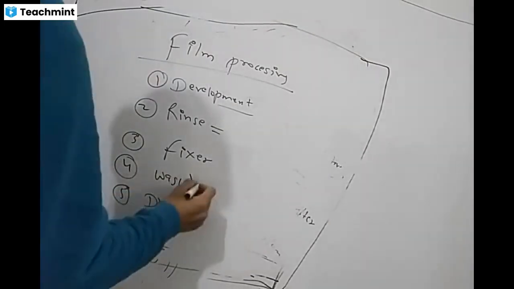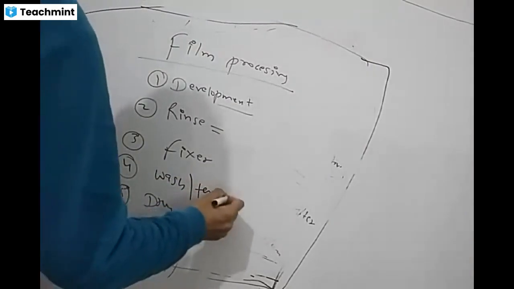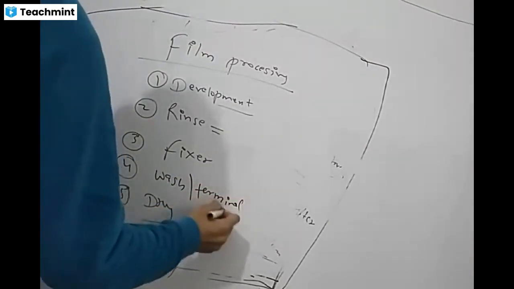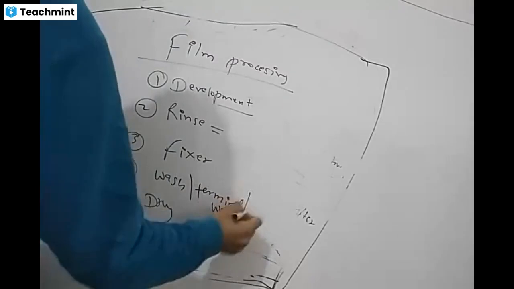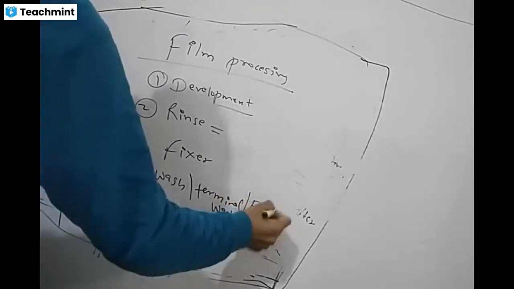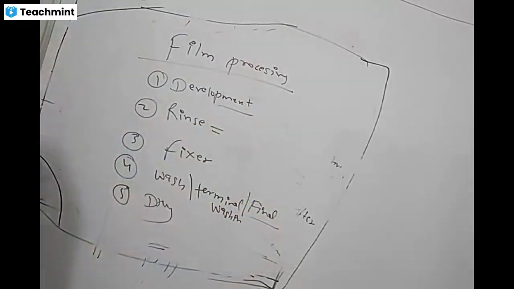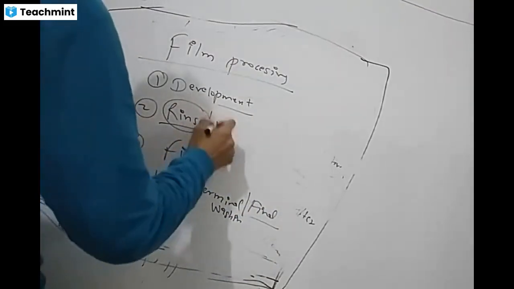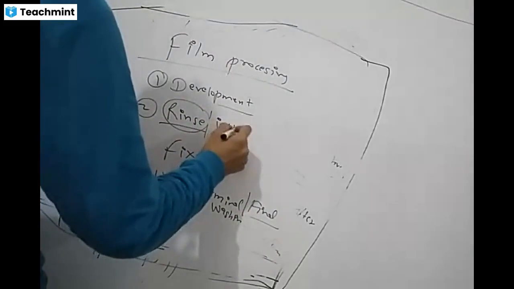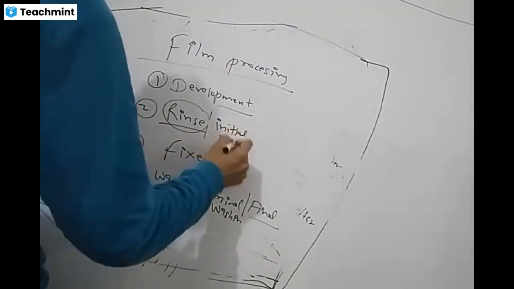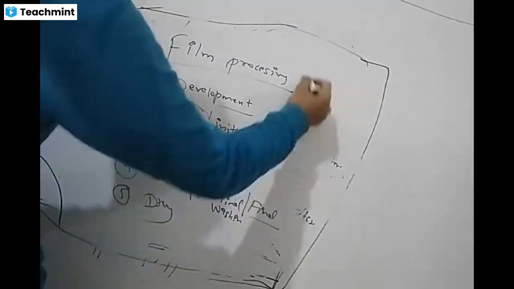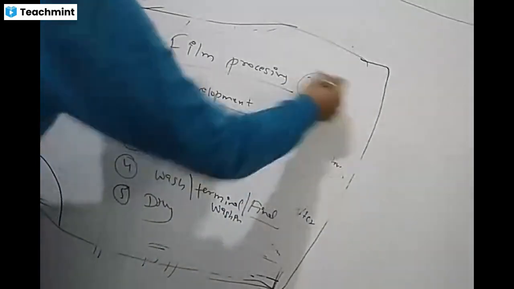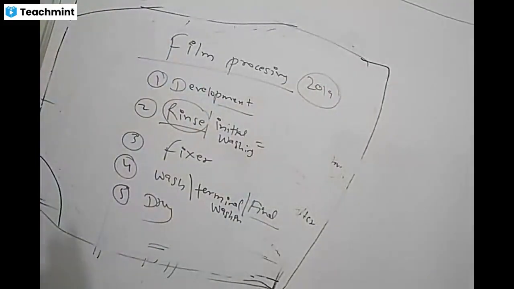In some books, this is called terminal washing or final washing. And in some books, this rinsing is also called early or initial washing. In ICAR 2019, they asked one MCQ about the washing.